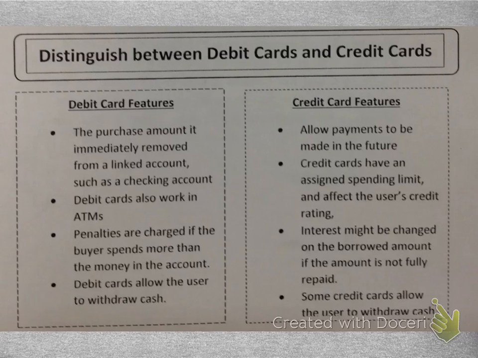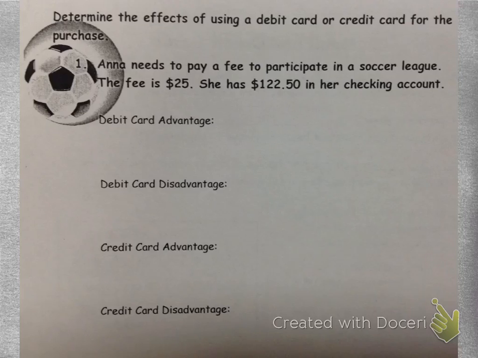So let's put this in a real life situation. Determine the effects of using a debit card or credit card for the purchase. Anna needs to pay a fee to participate in a soccer league. The fee is $25. She has $122.50 in her checking account. So we're going to explain the advantage and disadvantage of both.